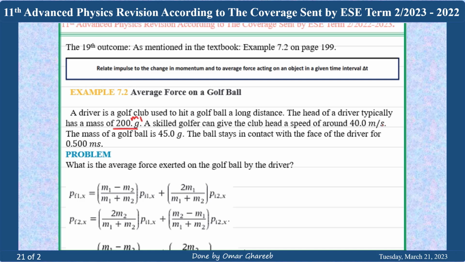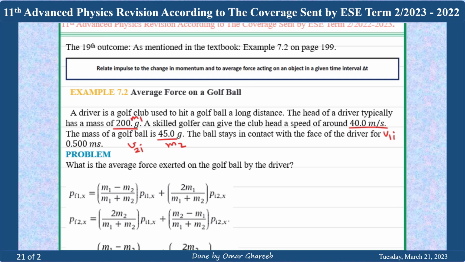A skilled golfer can give the club head a speed of 40 meters per second. This is V1 initial. The mass of the golf ball is 45 grams. This is M2. The ball of the golf has an initial velocity of 0.